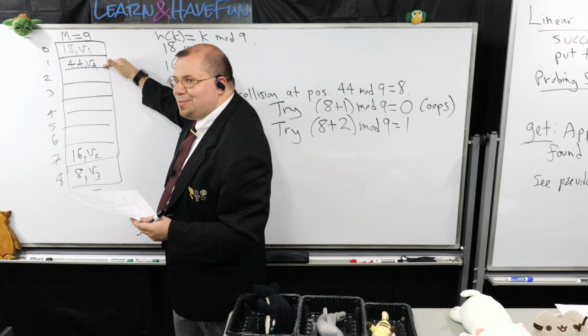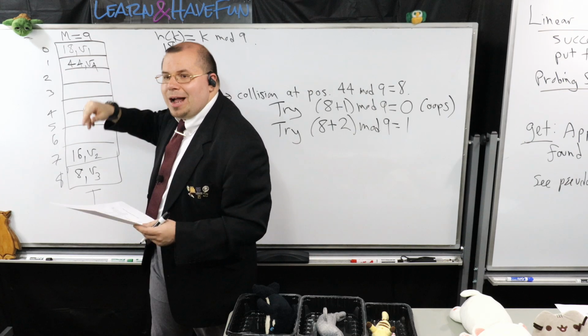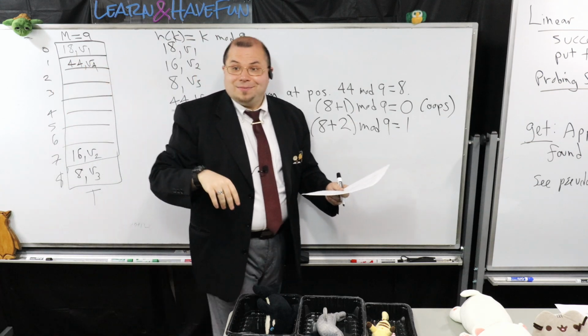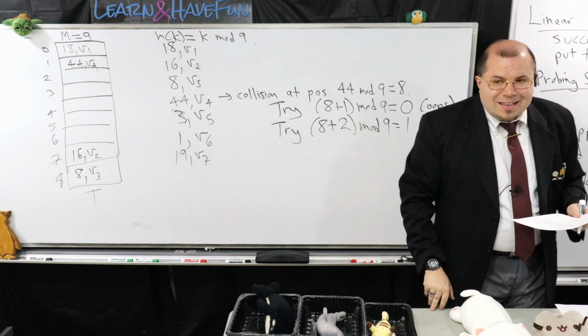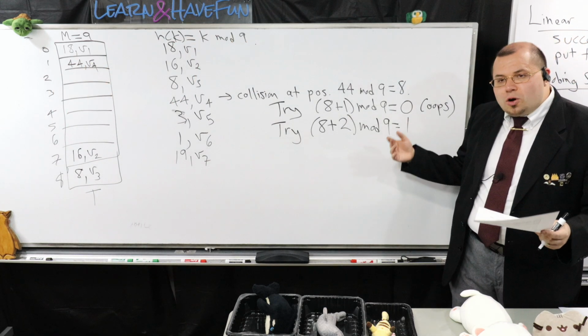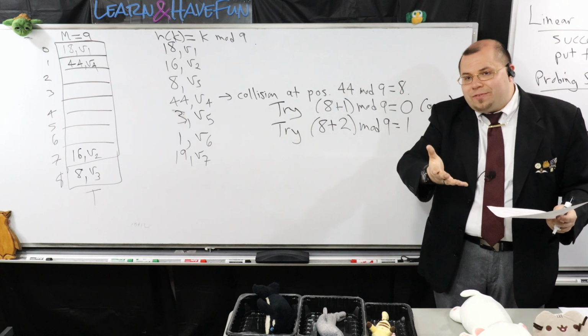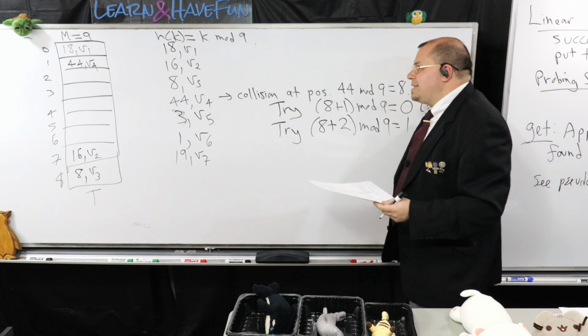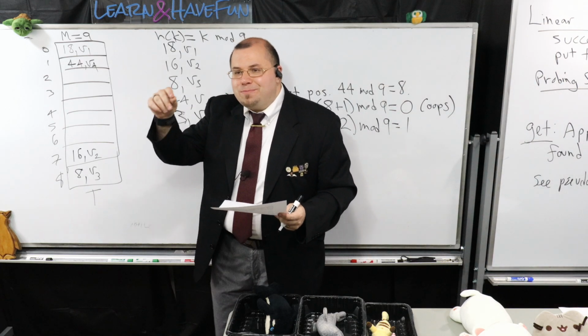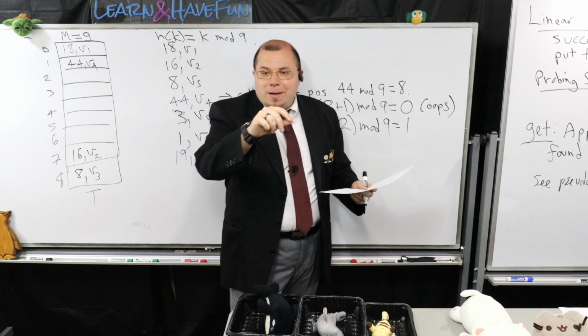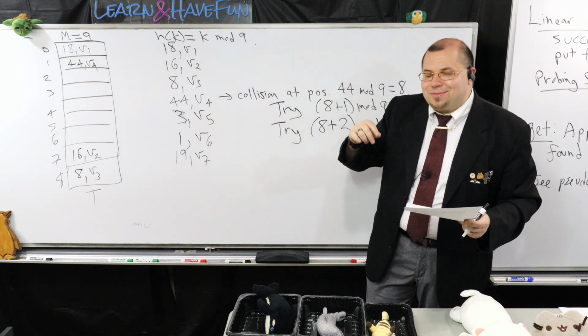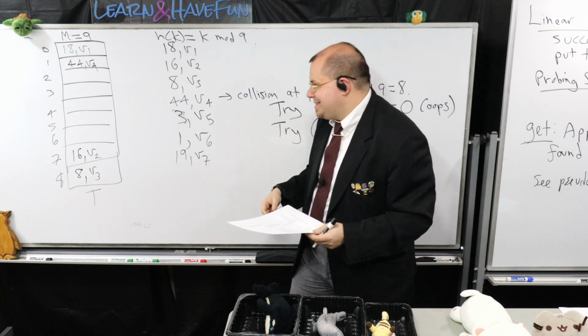So then I check the next one. 44 is right here. I can return the value of that. So notice that this probing sequence can be consistently used for insertions and retrieving. But the idea is that this probing sequence has to be maintained or else we might lose track of records. This is why we have to be consistent when we do this.